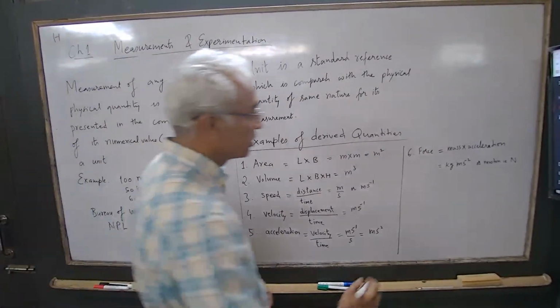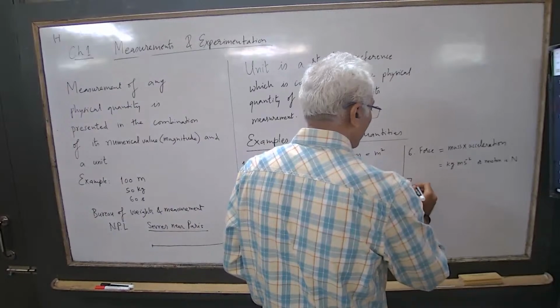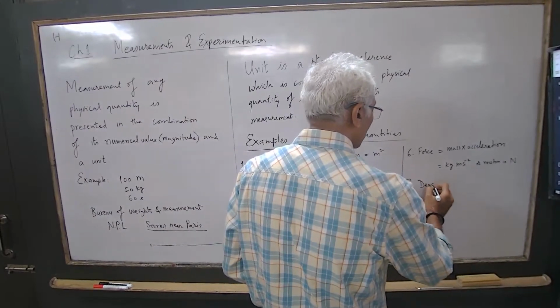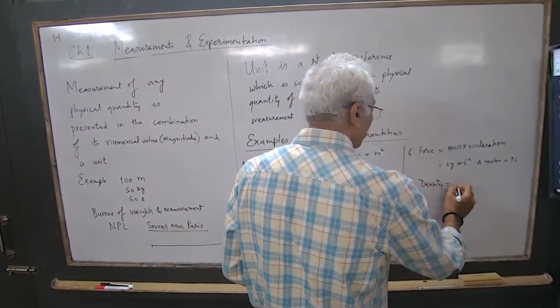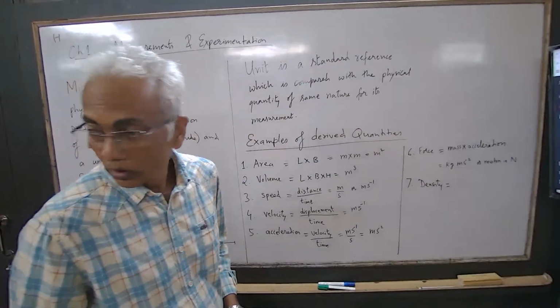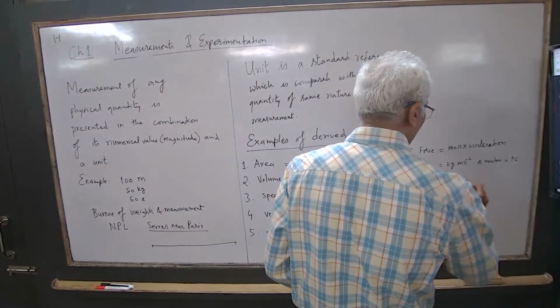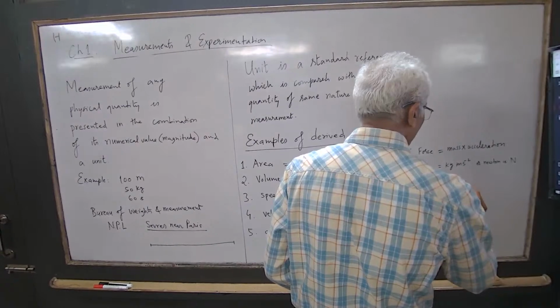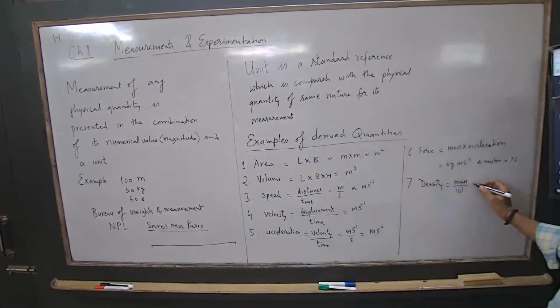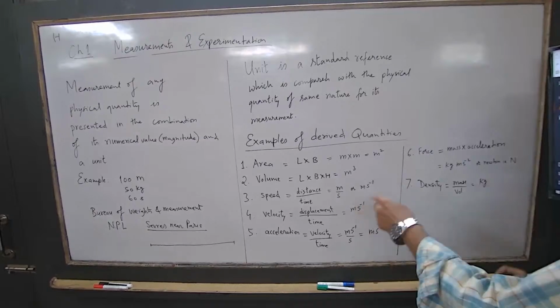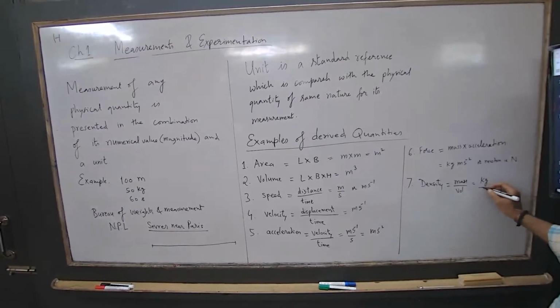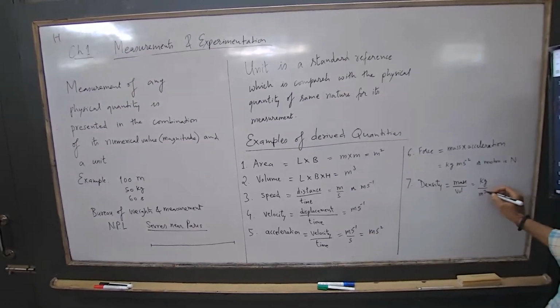Let's do one more. Density. How do we define density? Mass per unit volume. So this is mass upon volume. Mass is kg and volume is meter cube. So it's kg per meter cube.